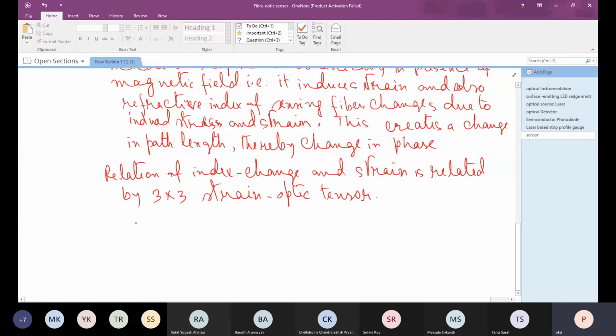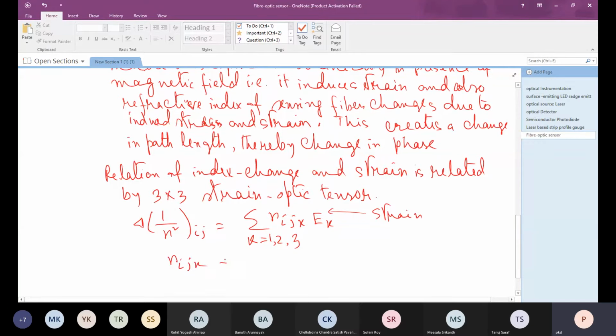Now the change is related in this fashion: delta 1 by n square ij equal to Rijk into Ek. E is the strain, Rijk is the tensor of rank 3.